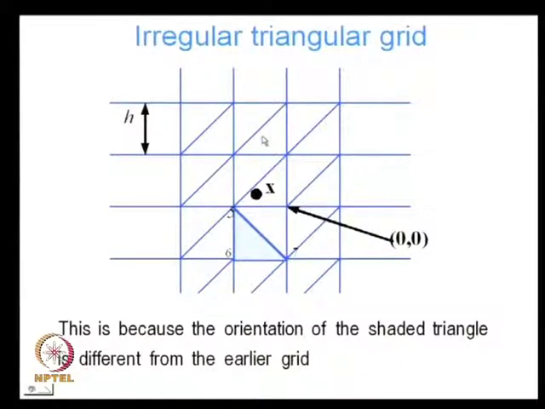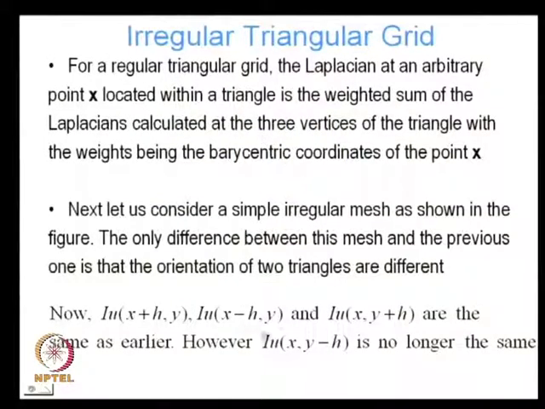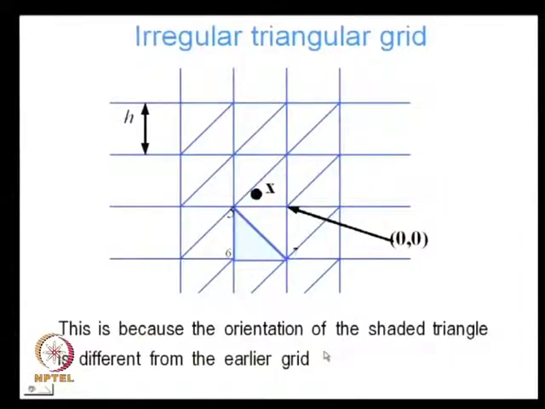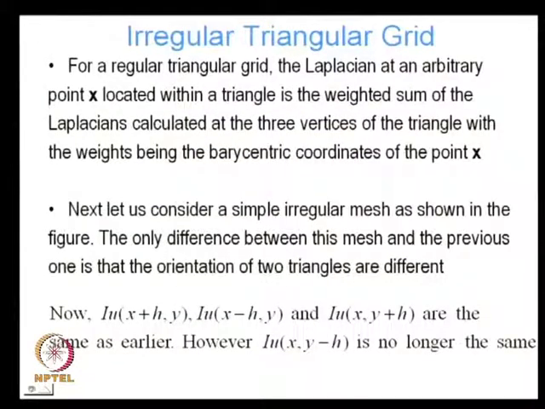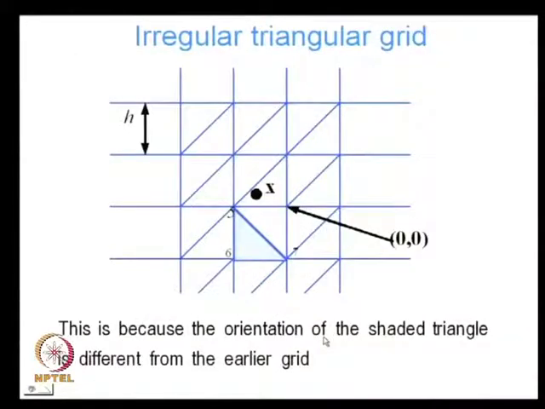The triangle that is different is going to be x y minus h, because that refers to this triangle, which as you can see has a different orientation than the previous triangles. So, these are the same as earlier, however, this is no longer the same.